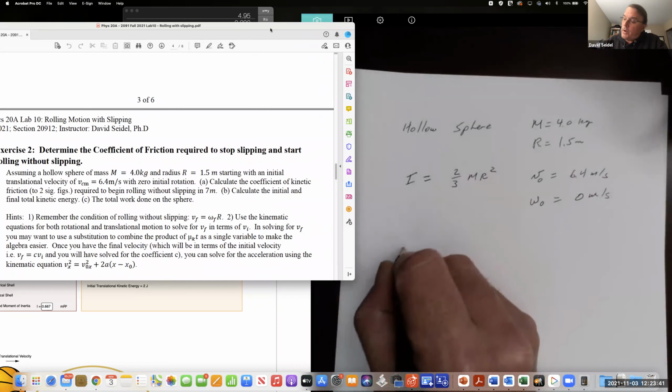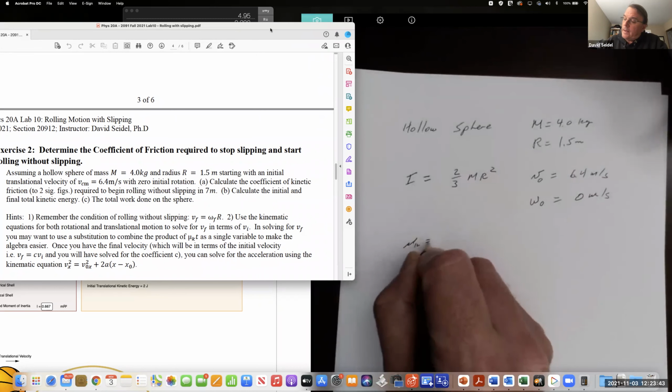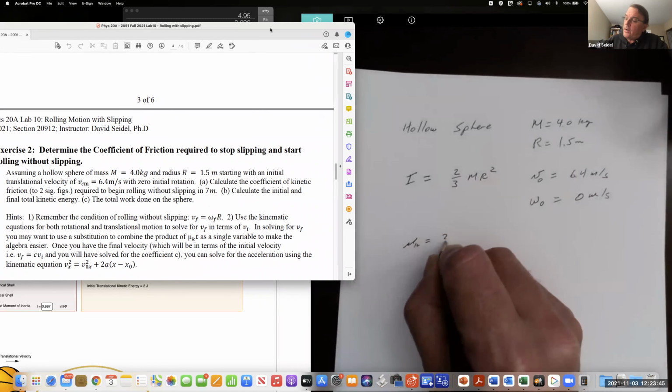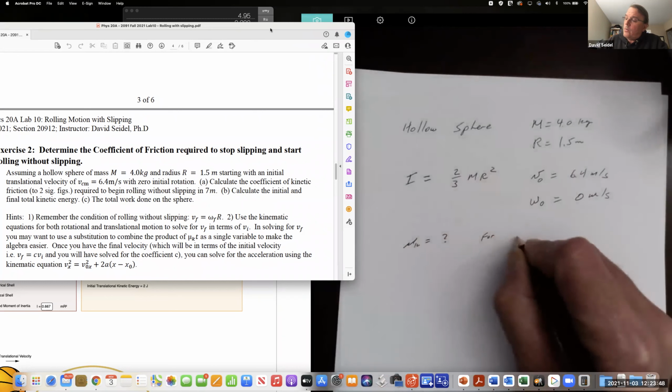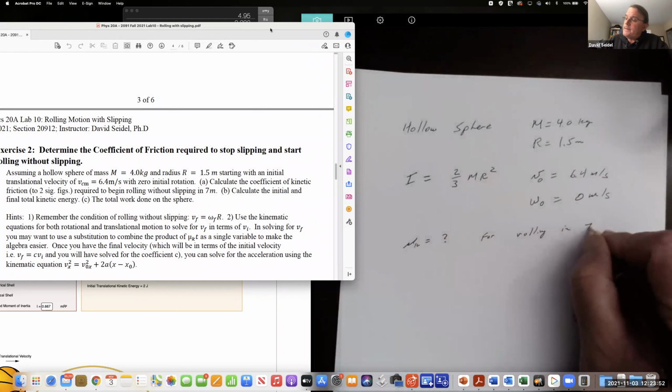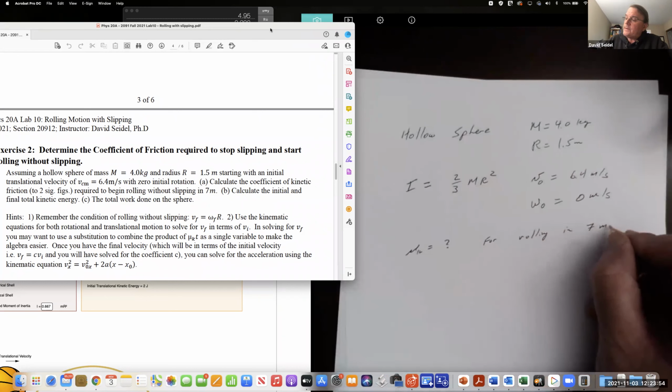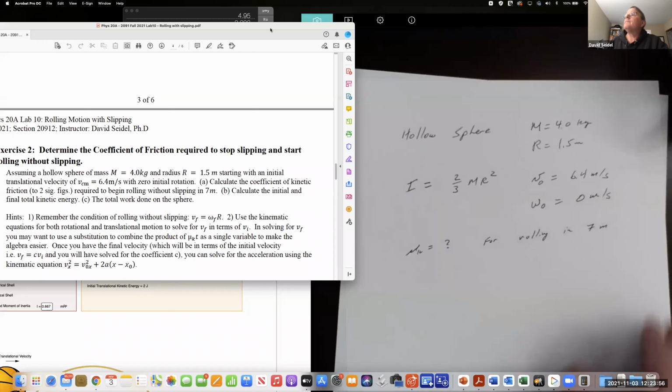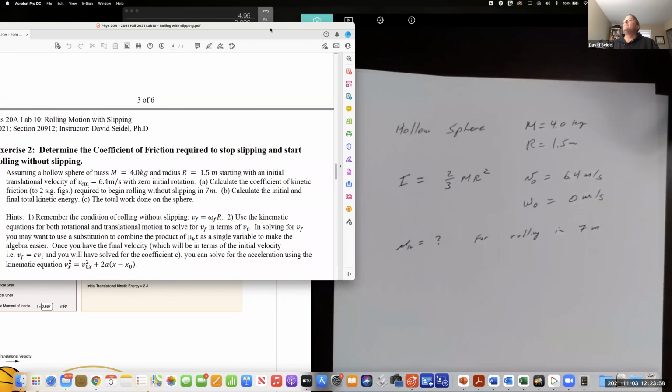So mu k equals question mark for rolling in 7 meters. Okay, so how do we solve this problem?